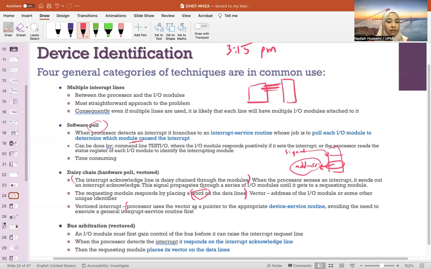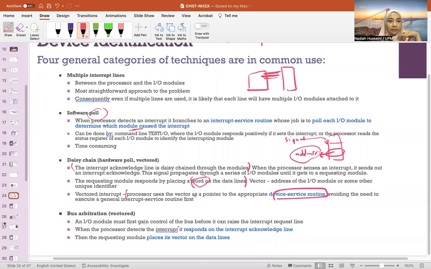Because why? The general interrupt service routine is basically a software poll, and it is time consuming. So we don't want that. The processor doesn't want to be busy, so it lets a third party do it by using a vectored interrupt. The vectored interrupt uses the device service routine. Okay, so that is your third technique.